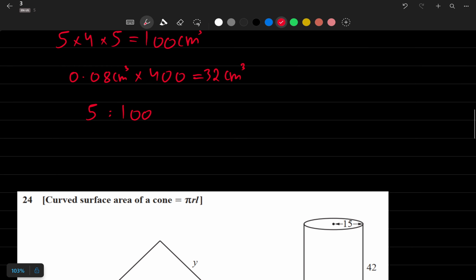Now you know that 400 droplets make 32 cm cube of volume. So you have to find this value, which is x. 5 centimeter of height makes 100 cm cube. So how many centimeters will make 32 cm cube, which is equal to the volume of 400 water droplets?